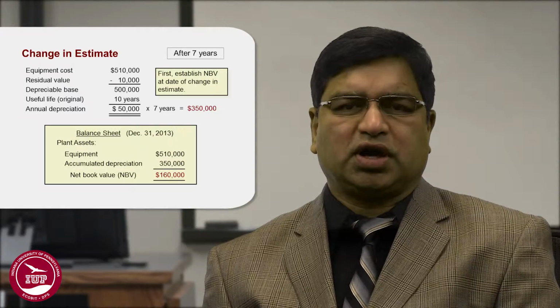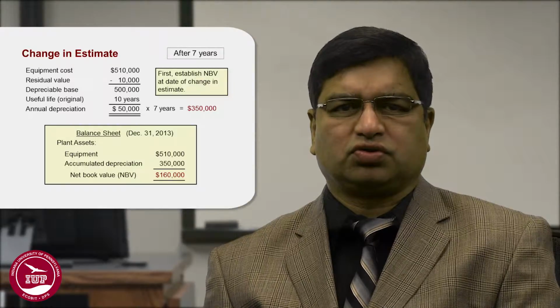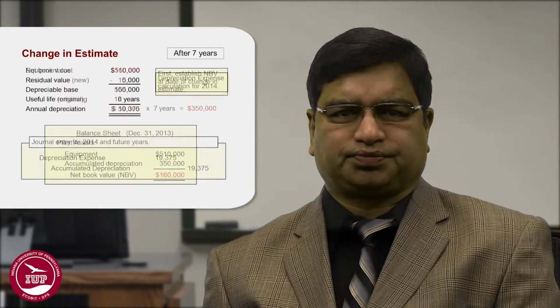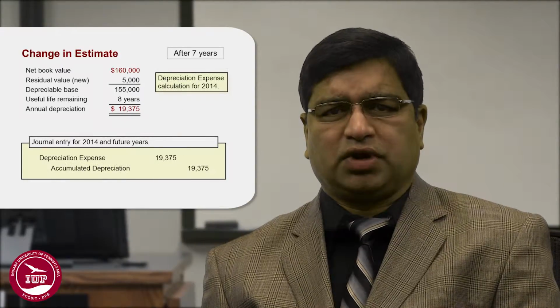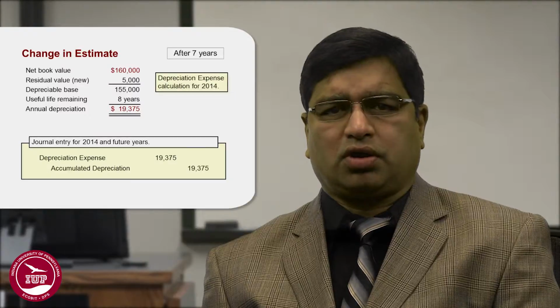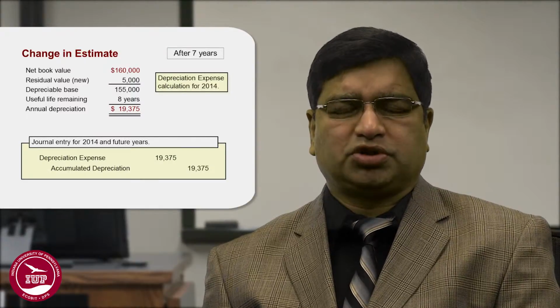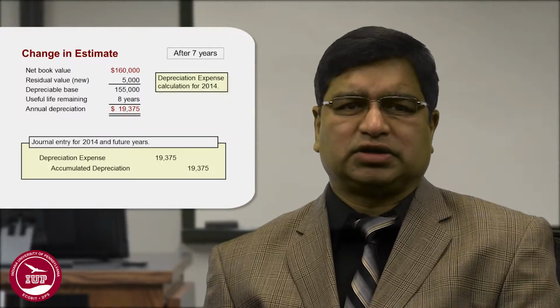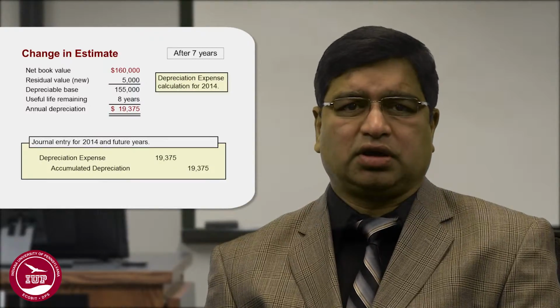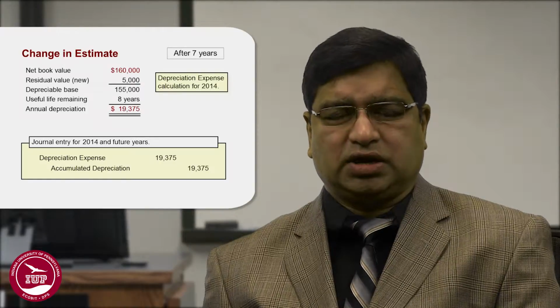Now at this point of time, the depreciable life of the asset has been changed to 15 years. So as far as 15 years, 7 years have already been expensed, so remaining years are 8 years. The depreciable book value today is $160,000 less the residual value, which is $5,000 now estimated again, and the remaining life of the asset is 8 years.